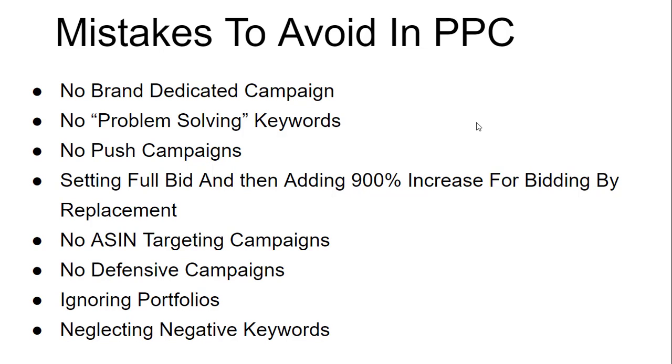Moving on to the next point, people do no ASIN targeting campaigns. It is again very important for us to do ASIN targeting campaigns. Find products that are statistically not impressive, products with bad images, bad reviews and bad ratings.